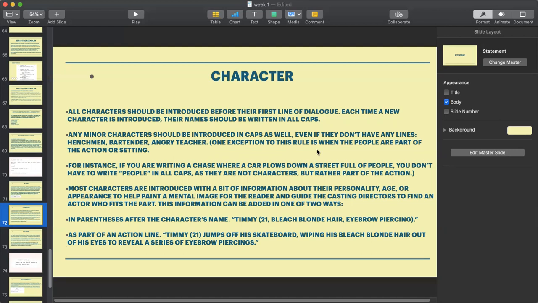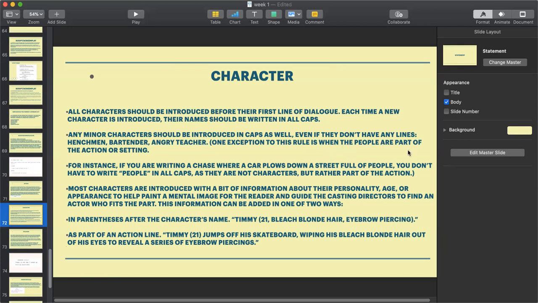So I am saying that I need an angry teacher. Okay, the casting director will find an actor who is suitable to do this particular job, right? Who can play the angry teacher in the film. Okay, so all these names have to be mentioned in caps as well. So they will be given importance.